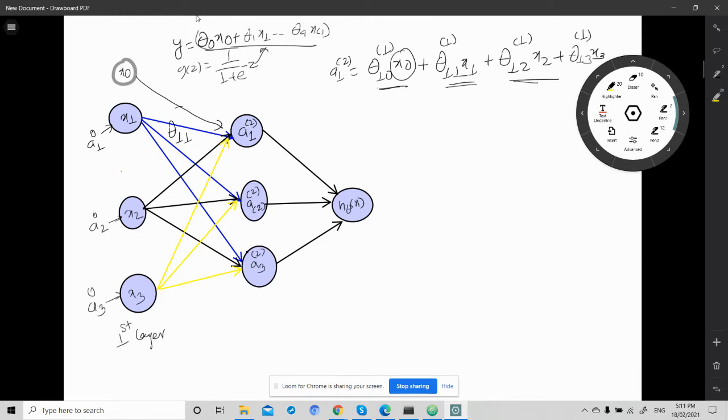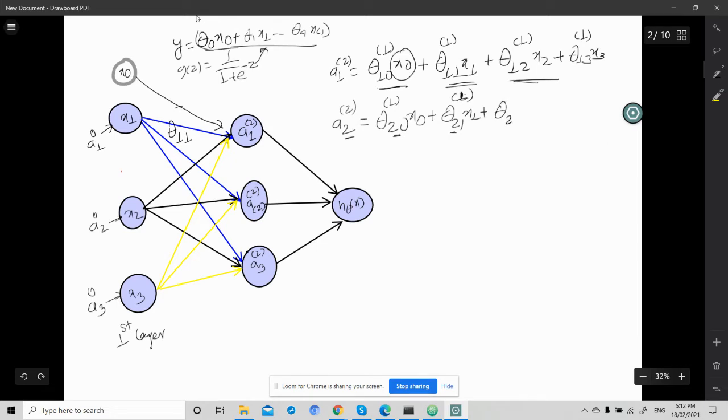And again, my a of second layer, second unit will be theta 20 of first layer times x naught, plus theta 21 of first layer x1, plus theta 22 of first layer x2, plus theta 23 of first layer x3.